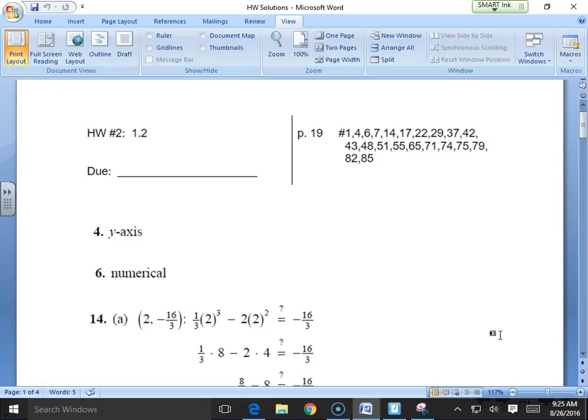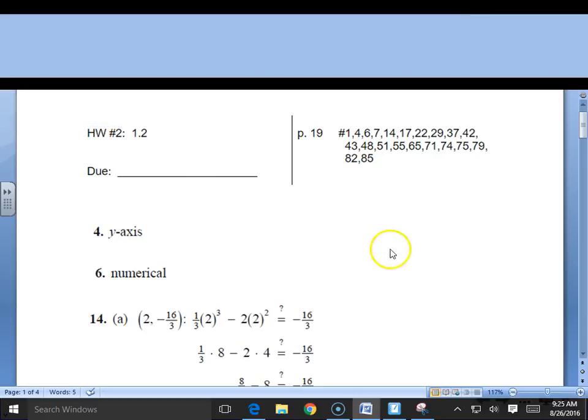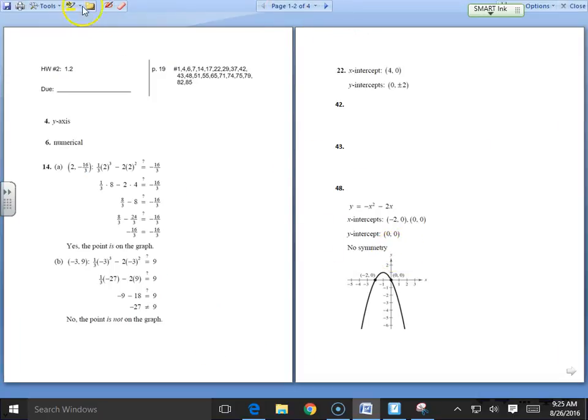Number 4, the answer should be y-axis. That was the clue they gave you. Number 6, tables, that's numerical. Number 14. Number 1 was solution 1. Go in the back of my book. Okay, great.